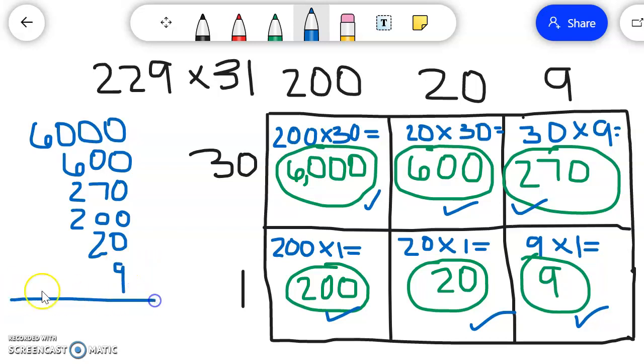So I'm going to check and make sure that I have 6 partial products, 1, 2, 3, 4, 5, 6, and that they're all in place value order. There's the ones, there's the tens place, there's the hundreds, and the thousands.